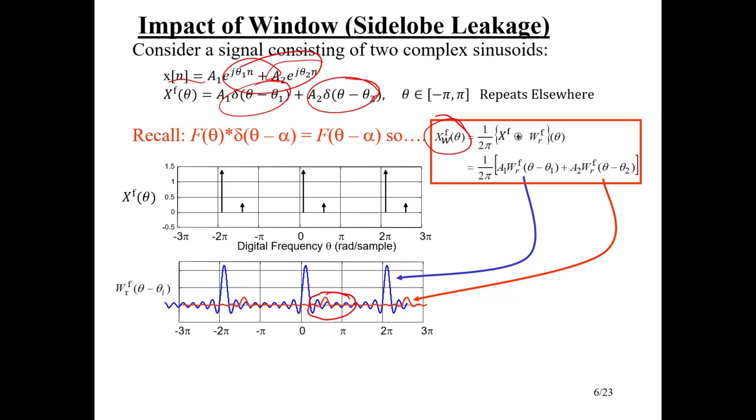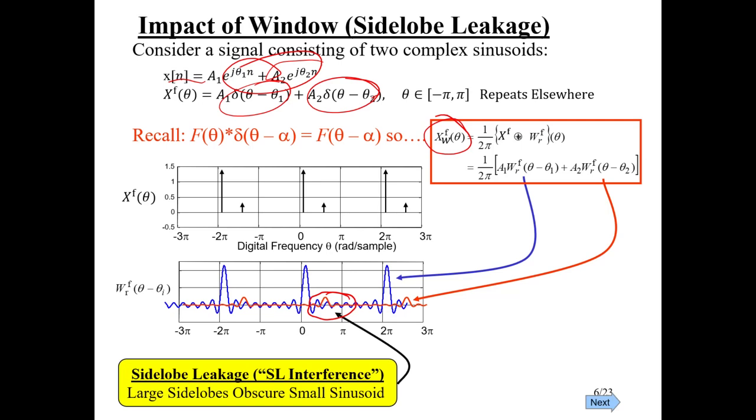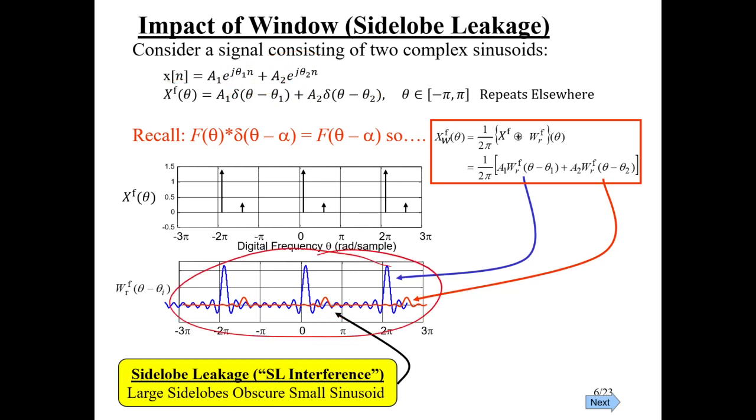And if those harmonic spikes are weak compared to the fundamental, when we do this short duration signal DTFT, we might not be able to see those harmonics, and that might be challenging for us to deduce what's going on. So I don't show the actual sum of these, but I think you can imagine what that's going to look like. So this is called side lobe leakage in general, but I like to call it side lobe interference.